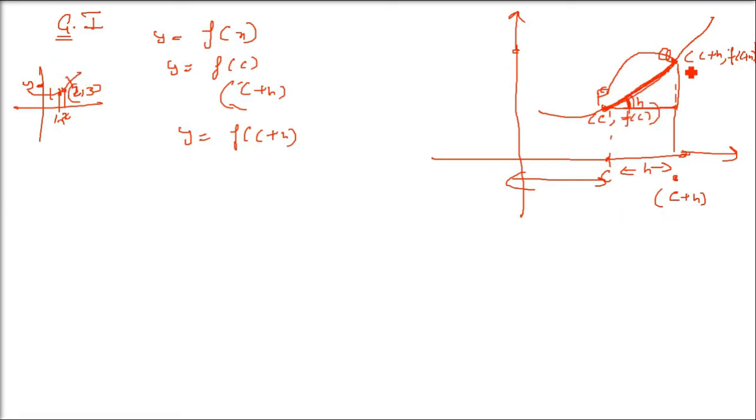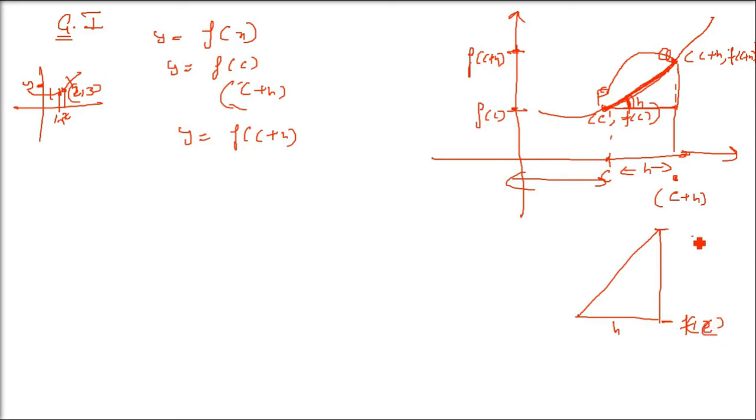First, let me find out the slope. What is the slope here? There is a triangle being formed. This is a point, this is h. This is the y difference. The y point was fc and the above point was f of c plus h.